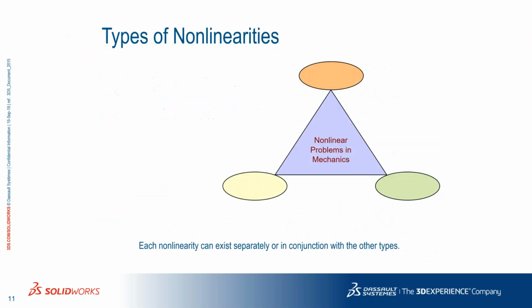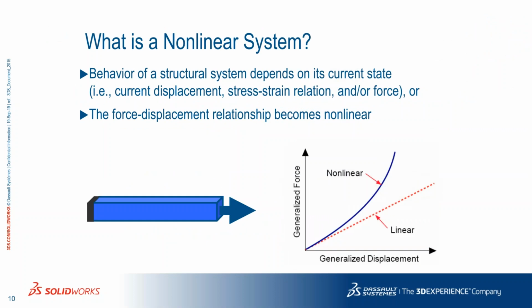So let's talk about a nonlinear system. Basically, it's a system where there is a relationship between force and displacement. When we are analyzing a simple system, basically in a linear fashion, when you apply a force, you get a displacement, and when you apply double the force, you get double the displacement.